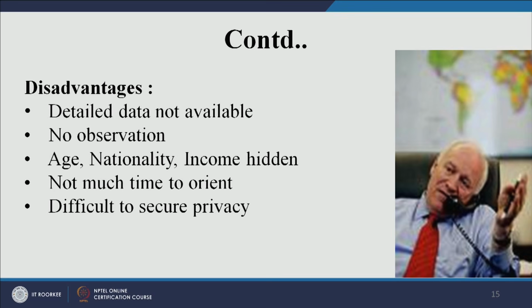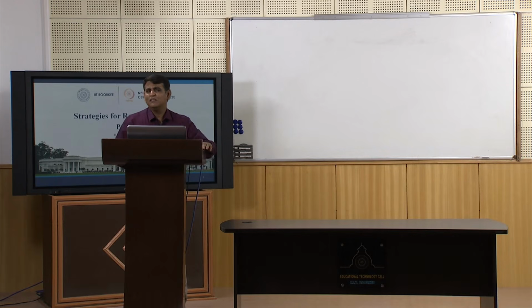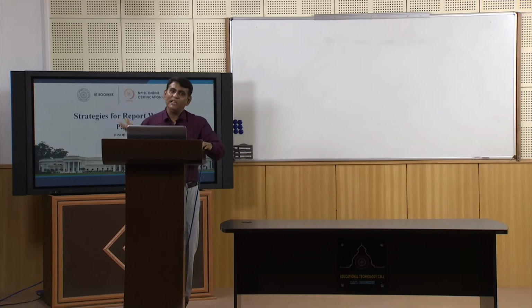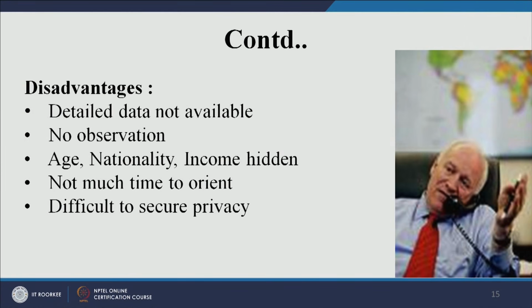How? If you are contacting a person over telephone, you may ask questions, but the other party may not allow you to provide detailed data. Detailed data is not available, even if as an interviewer you want to throw all sorts of questions and you are not going to pay for it, thanks to Jio, no?